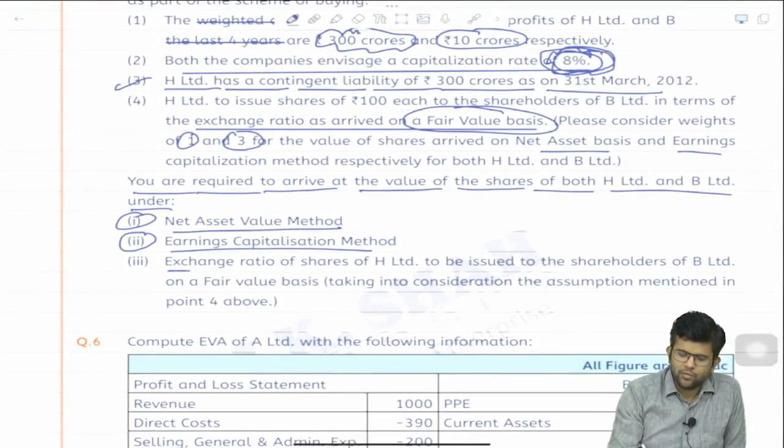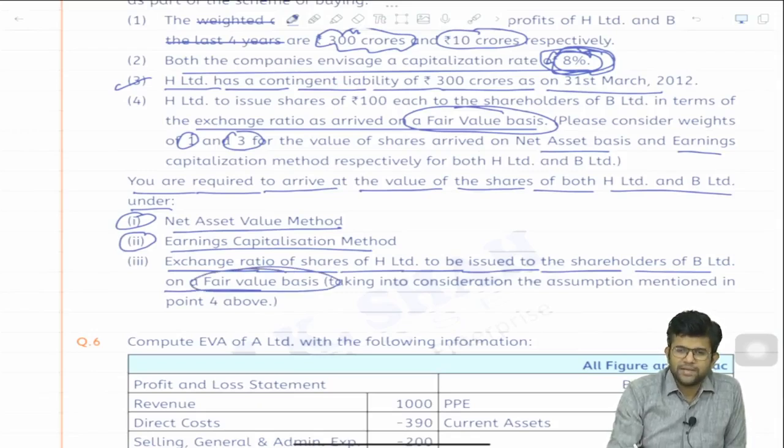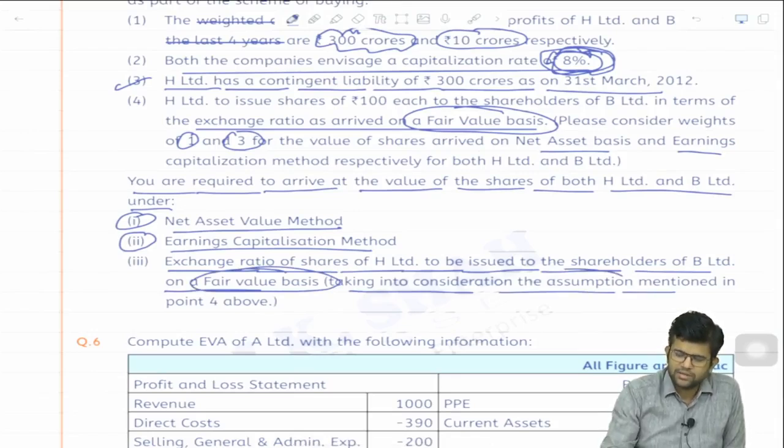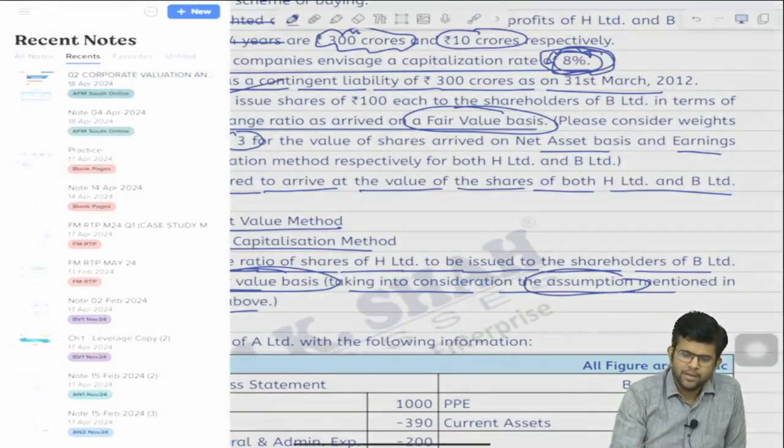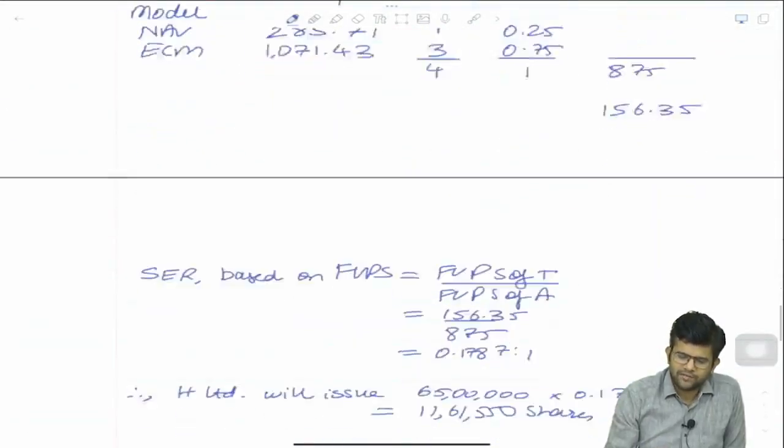They are asking you what is the exchange ratio of the shares H should issue to shareholders of B on not market price basis but on fair value basis. Understood? That is the whole thing. Taking into consideration the weights mentioned in point 4 above. All done. So you all have completed everything till here.